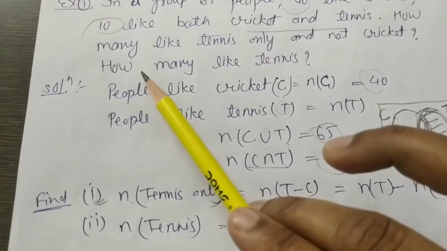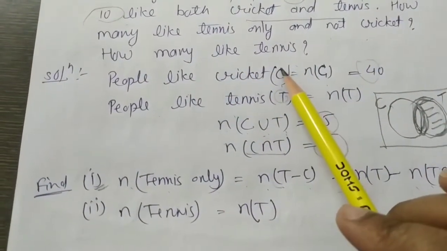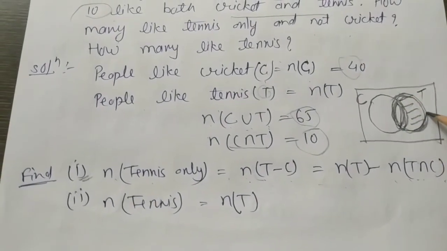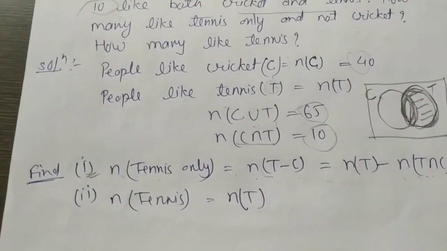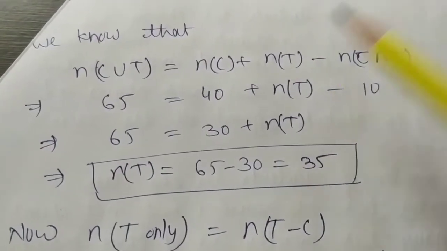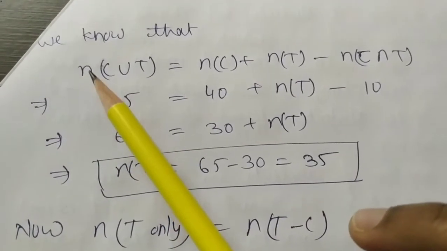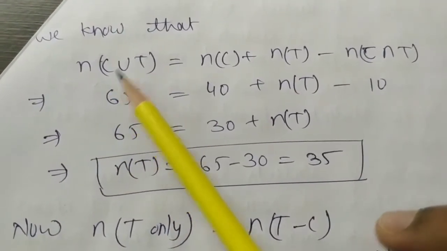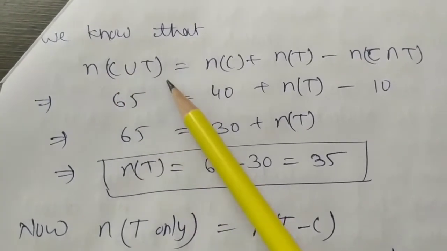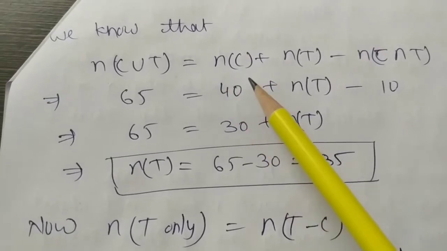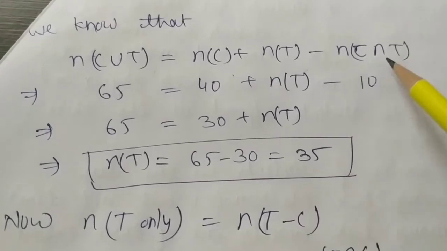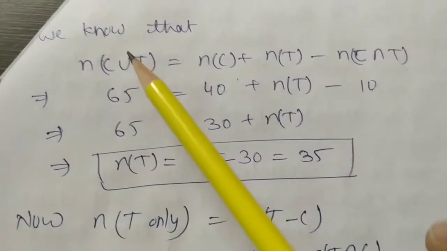Secondly we have to find how many people like tennis. The total number of people who like tennis is given by set T. Okay? We know that by the formula of the union of two sets, the number of elements in C union T will be given as the number of elements in C plus the number of elements in T minus the number of elements in C intersection T. Put all the values.